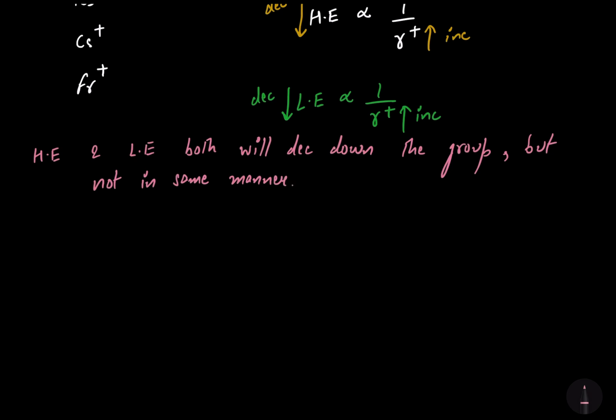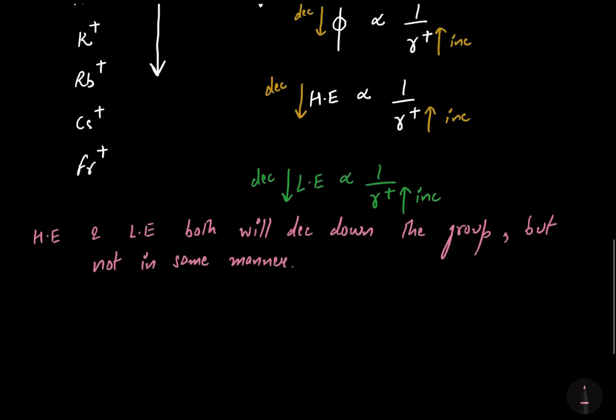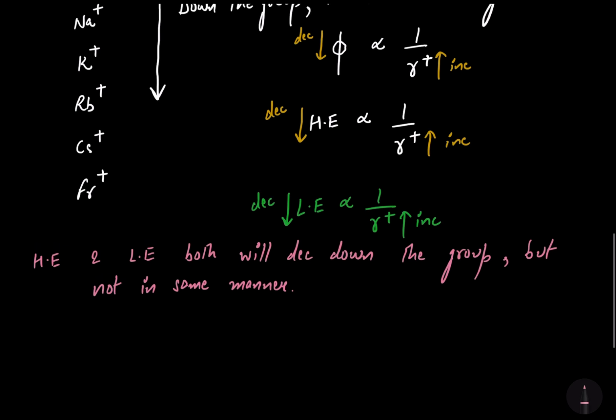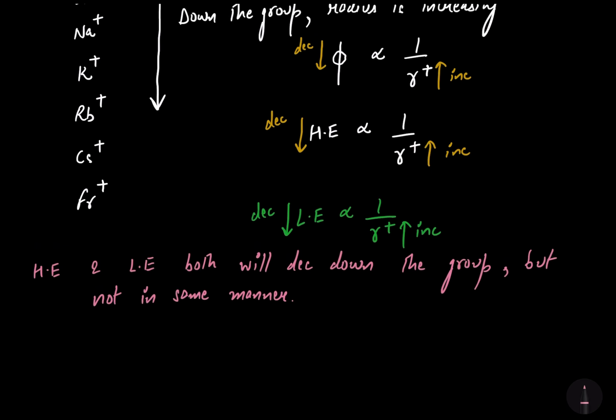For example, if there is more decrease of hydration energy down the group, then there will be a less decrease of lattice energy down the group. Vice versa, if there is more decrease in lattice energy down the group, then there will be less decrease in hydration energy down the group.